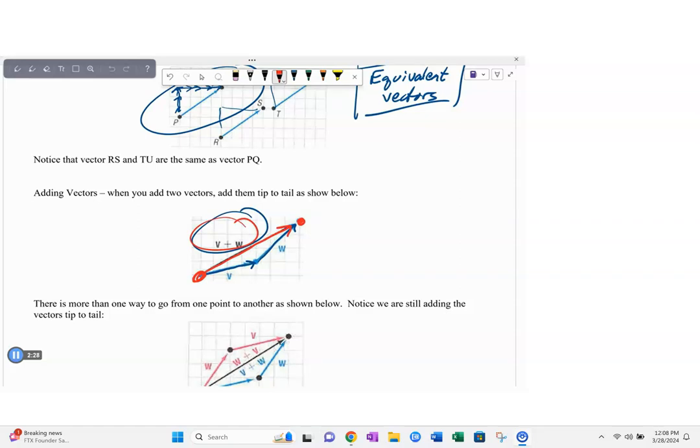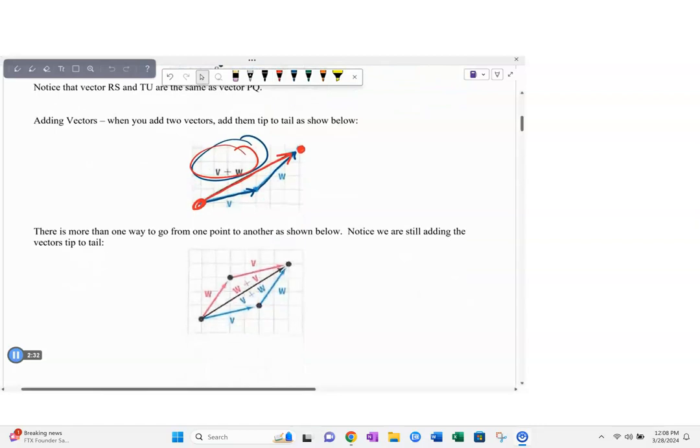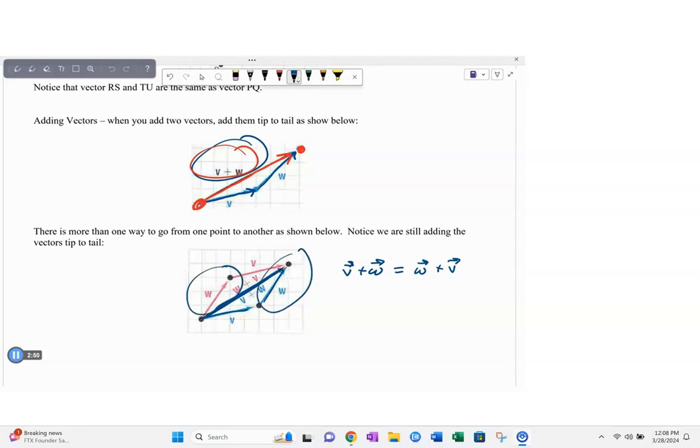The commutative property of addition holds for vectors. In other words, vector v plus vector w is the same as vector w plus vector v. Here it's showing v plus w. But if I did w first over here, so I went up 3, right 2, and then I did v second, it's still the same vector in the middle.